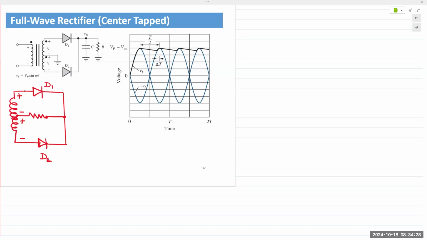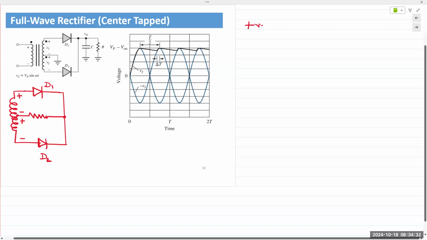Okay, so the way this would work is exactly the same. In the positive half cycle, your center tap looks like this. You have a positive here and a negative here, a positive here and a negative here.